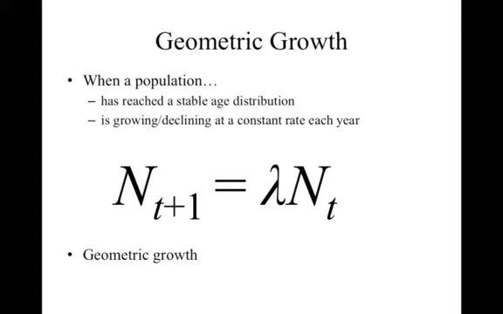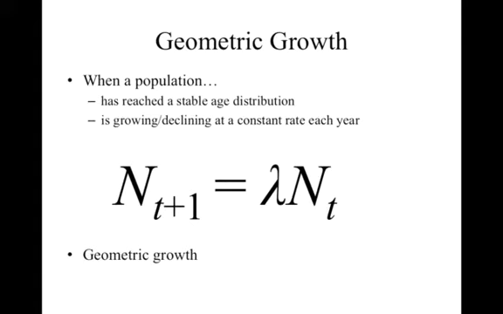Same with the population growth rate. It bounced all over the place for a while, but then it settled in at a constant value. So we can only really talk about geometric growth once we've settled in to those stable systems where I have a stable age distribution and a constant rate of change in the population from one year to the next.